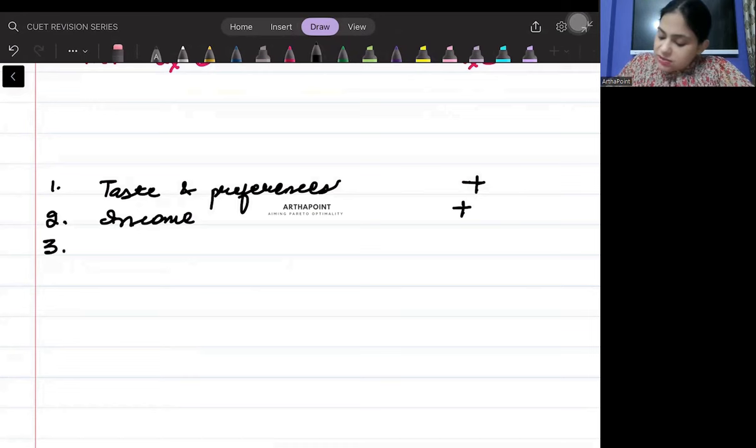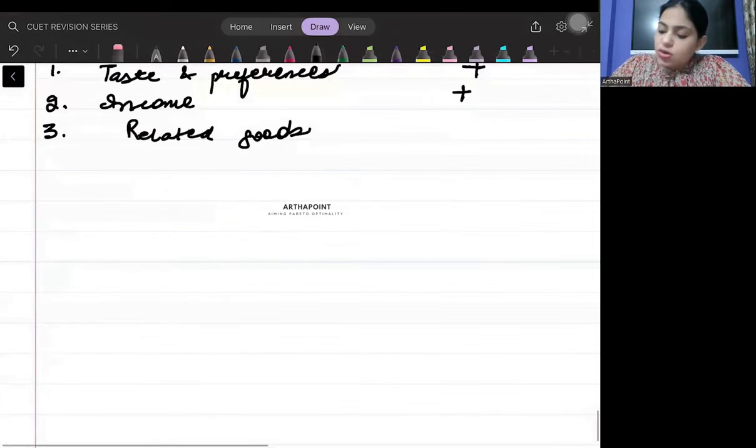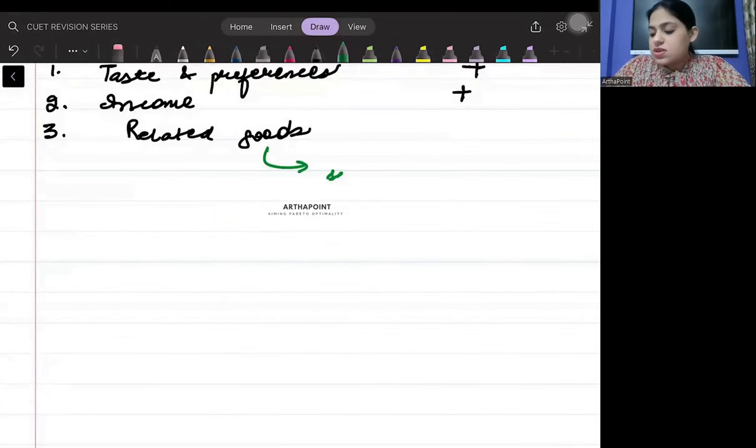The third is the different kind of, we can say, related goods. In related goods, there are two kind of goods, beta. पहला हो गए substitutes और दूसरे हो गए complements.